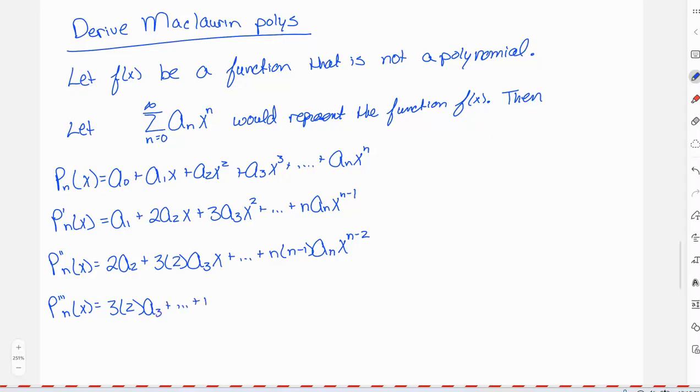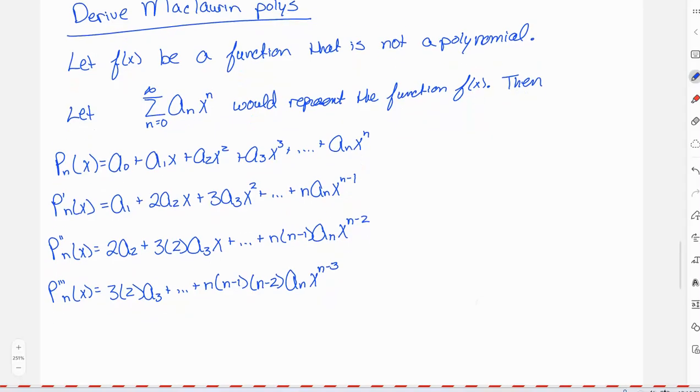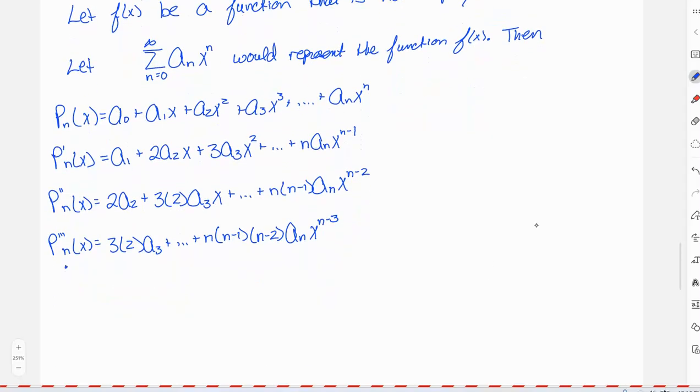And then that last term is going to be n times n minus 1 times n minus 2 times a sub n x to the n minus 3, when I bring that exponent down and subtract 1 from the exponent. And we're looking for patterns here.